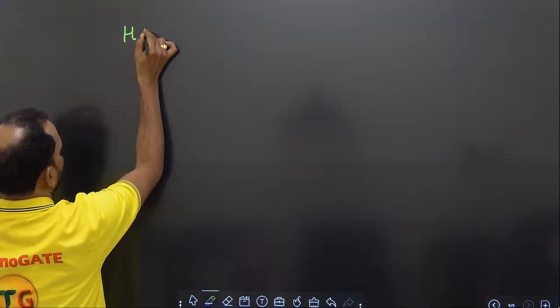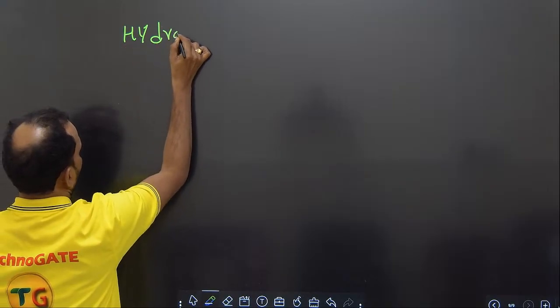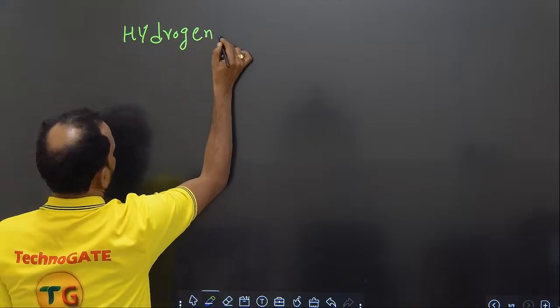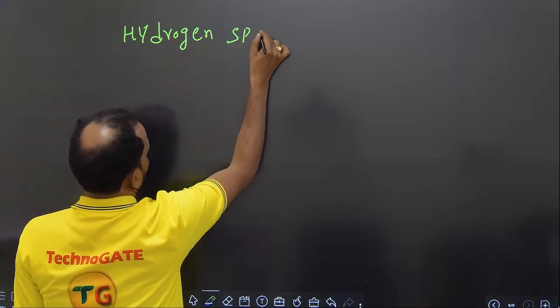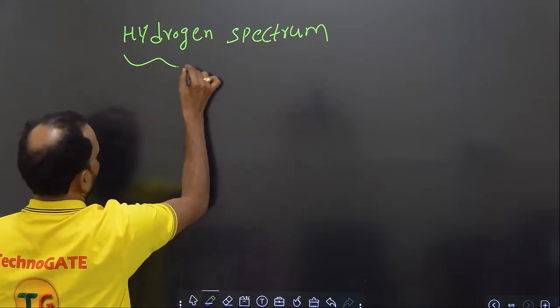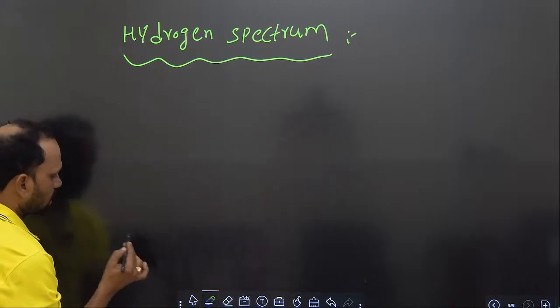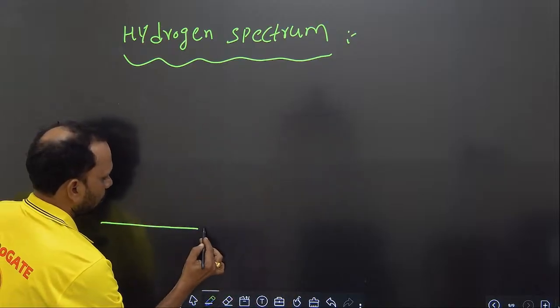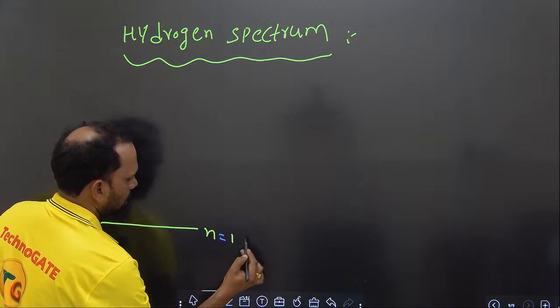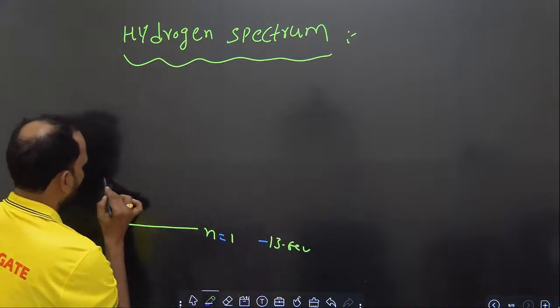Hydrogen spectrum. We have discussed already. This is the ground state, n is equal to 1. It has energy of minus 13.6 electron volts.